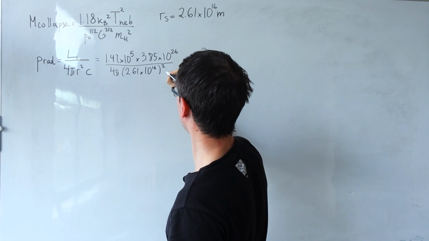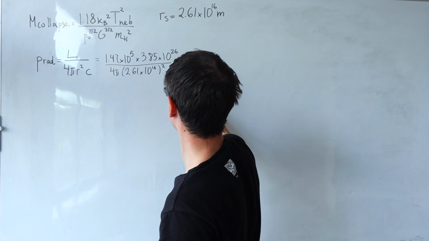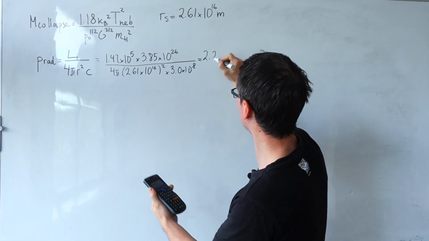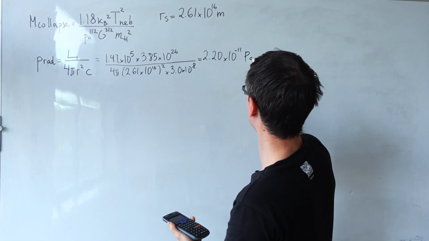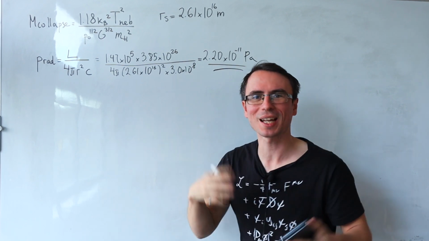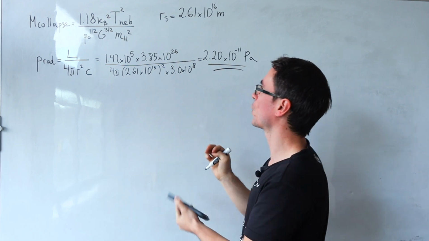Don't forget the square, multiplied by the speed of light, 3.0 times 10^8. And this here will give me a pretty tiny number, 2.20 times 10^-11 pascals. But remember, this is pressure from light, so I'm not yet expecting a very large number.